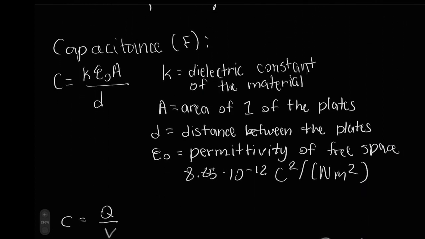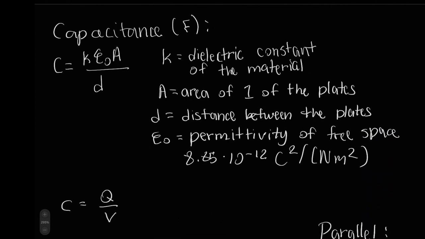Now, when we talk about capacitance, there are a couple of formulas for it. Capacitance is equal to kappa times the permittivity of free space times A, the cross-sectional area of one of the plates, over D. Kappa is the dielectric constant of the material. If we have a dielectric between the two plates of a capacitor, the capacitance will actually increase.